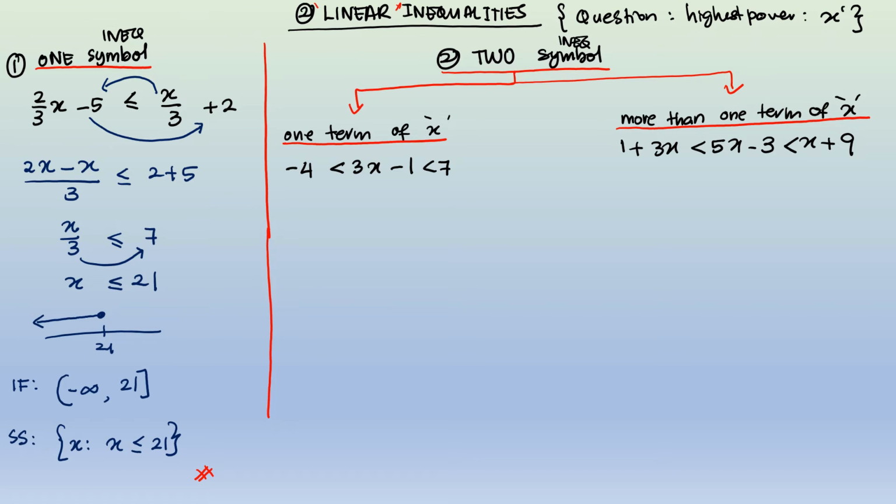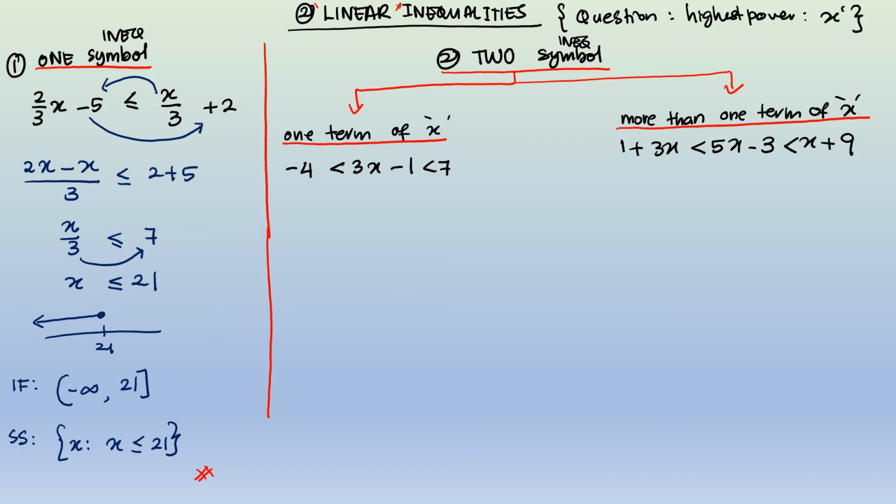Next, let's look at the question that has two inequality symbols in one question. I want to divide it into two parts: where you have only one term of x, and where you have more than one term of x, because I want to show the difference in calculation you can do.